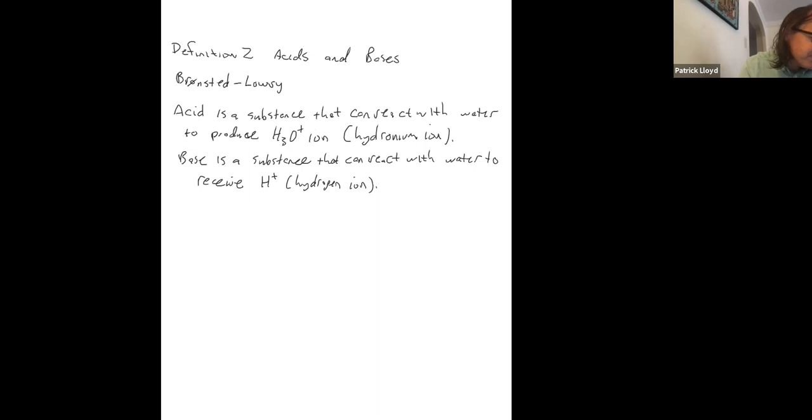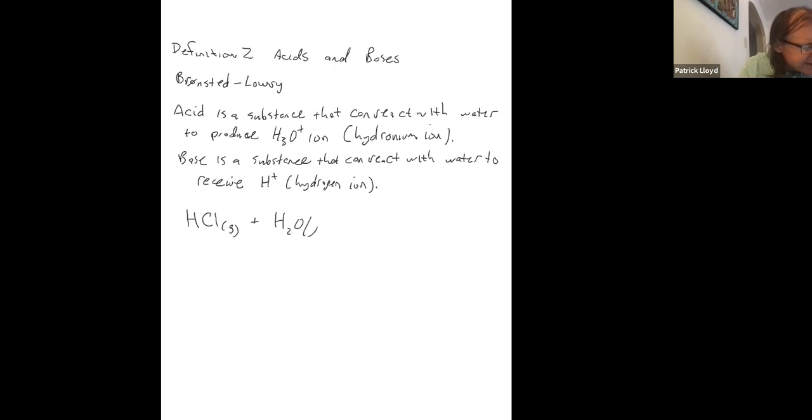Okay, so let me rephrase this. An acid is a substance that can react with water to produce the hydronium ion. And then a base is a substance that can react with water to receive a hydrogen ion. We'll go over this a little bit here. So here's an example of what I mean by that. If we take HCl and we bubble it into water, I'm going to write this a little bit differently.